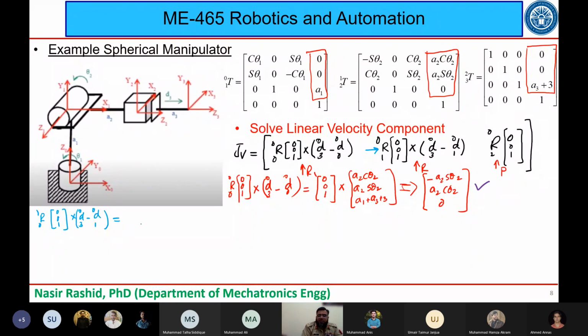So मेरे पास सबसे पहले 1 to 0 का R, ये R1 to 0.